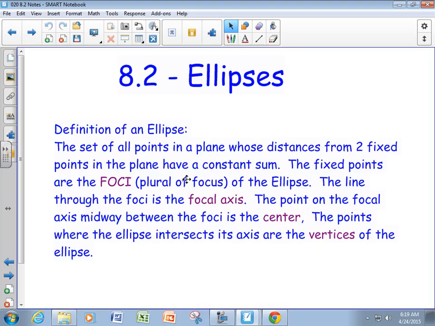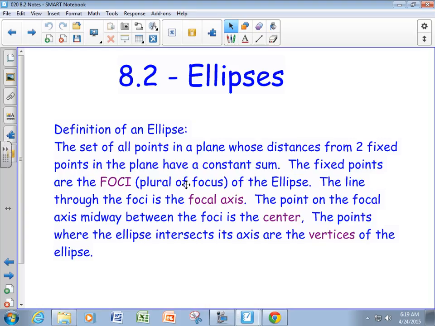So we talked about focus with the parabola, and that was that one key point off of the vertex and inside of the parabola. With an ellipse, we have two of these key points, and they also are going to be inside of the ellipse, and they're going to be measured off of the vertex. And actually, we're going to have two vertices, so that's where we're going to see those.